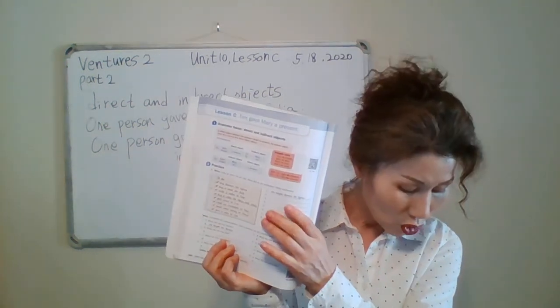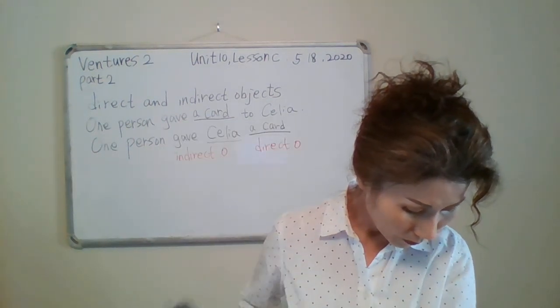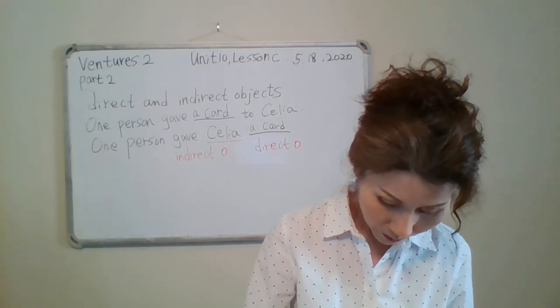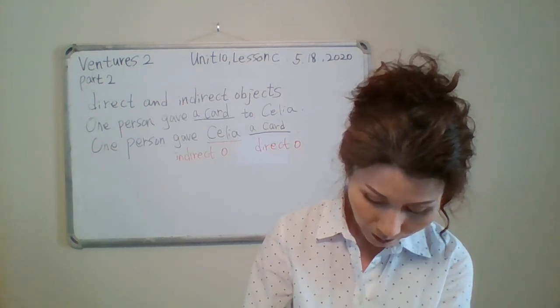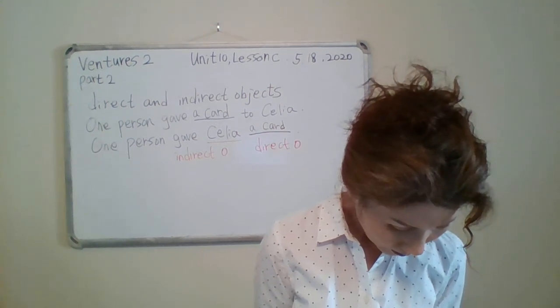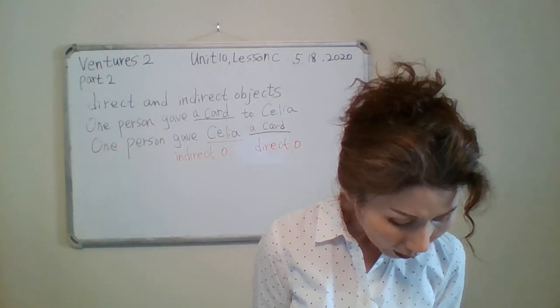Number 1, Joe bought flowers for Sylvia. Number 2, Joe bought a card for Nick.